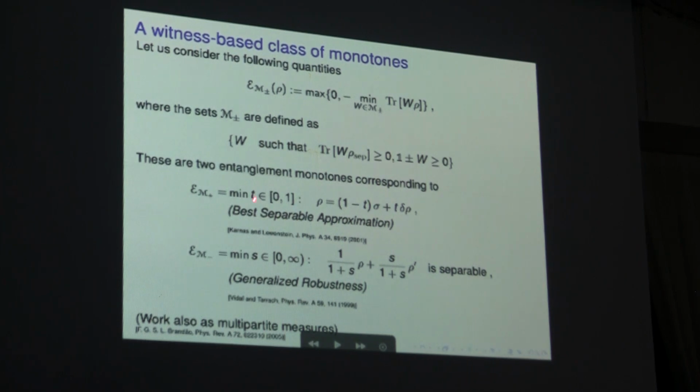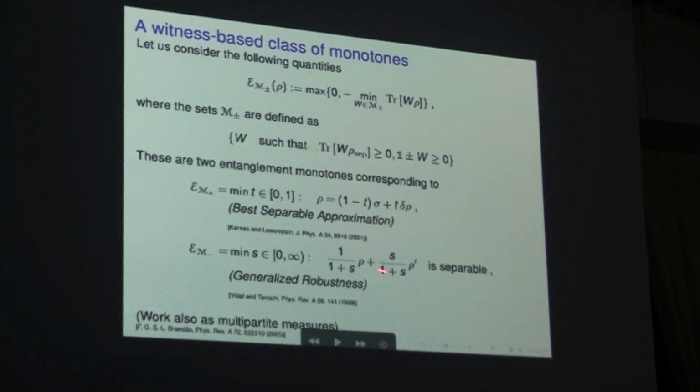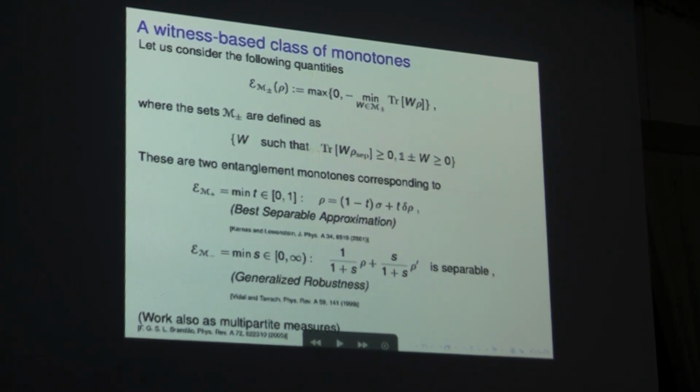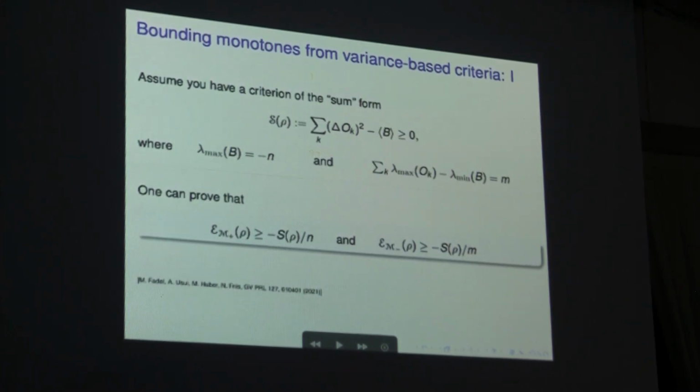Two of them coincide with something independently defined: the best separable approximation and the generalized robustness. These are monotones defined from a decomposition of a state. Loosely speaking, it's how much noise you can add to your state until, for example, it becomes separable. This is the robustness, as the name suggests, of your state under noise. So this is quite a meaningful measure, at least in many-body physics, I would say.